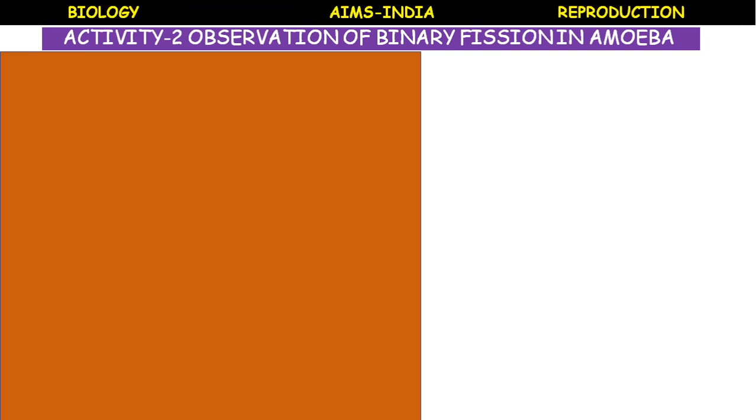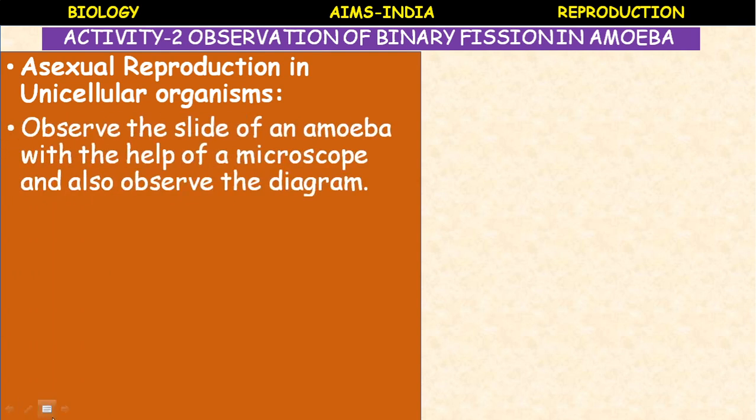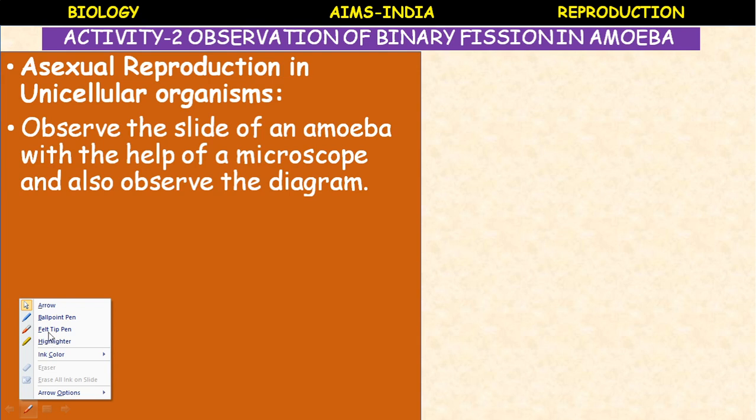Activity 2, observation of binary fission in amoeba. In hydra, we have observed budding. Now let us observe binary fission in amoeba. Binary fission is a type of asexual reproduction in unicellular organisms like amoeba.